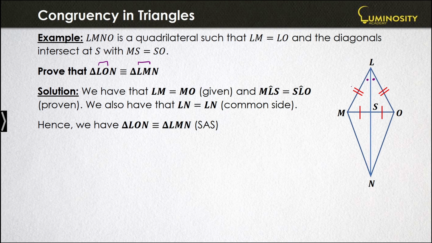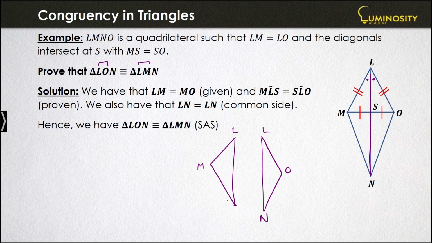We also know that LN, this long line here, is a common length to both triangles that we are looking at. Because remember, triangle LON is this triangle here, and triangle LMN is this one here.